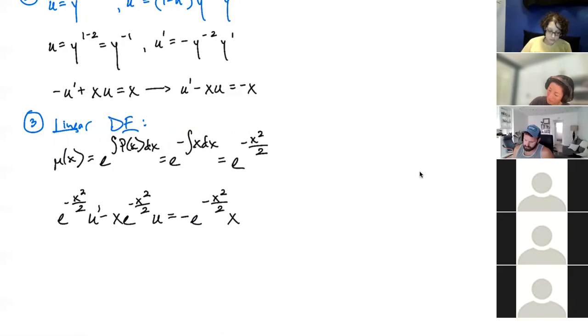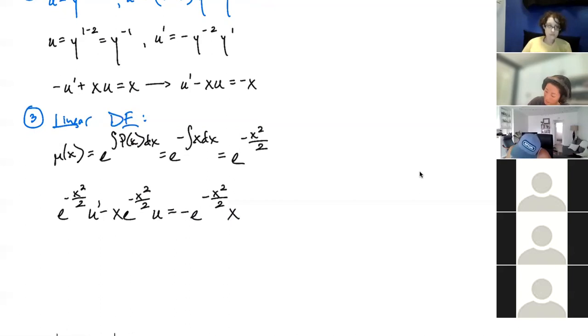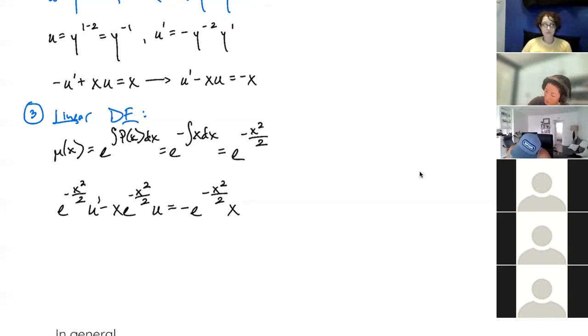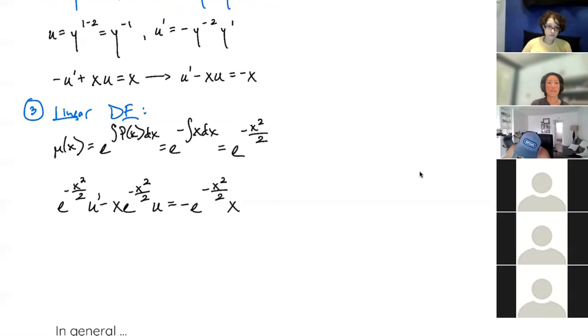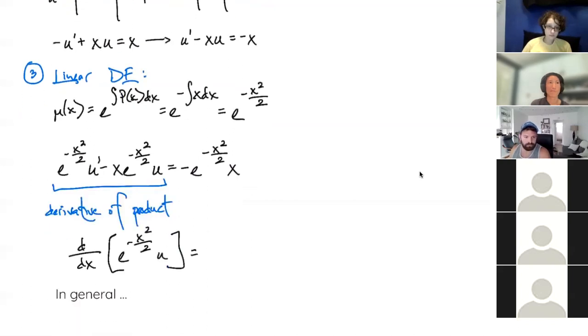Remember that that left-hand side is the derivative of a product. And so we can rewrite that mathematically as derivative of the two functions. And that d dx on the left-hand side does not mean we also need one on the right-hand side, right?